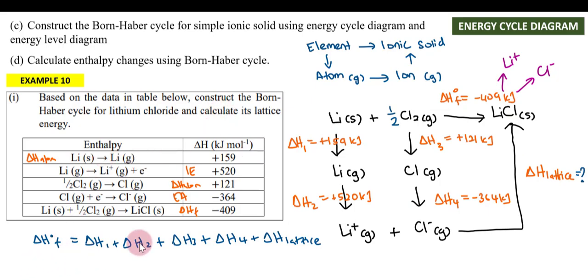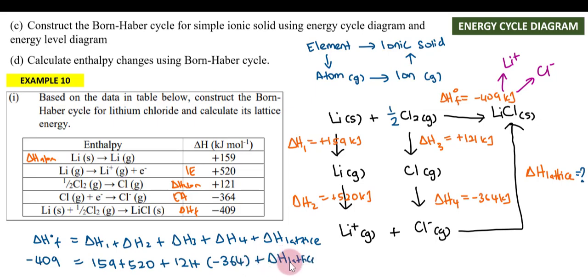So substitute the value. Negative 409 equals 159 plus 520 plus 121 plus negative 364 plus delta H lattice, and then you can find the value of the delta H lattice for the lithium chloride.